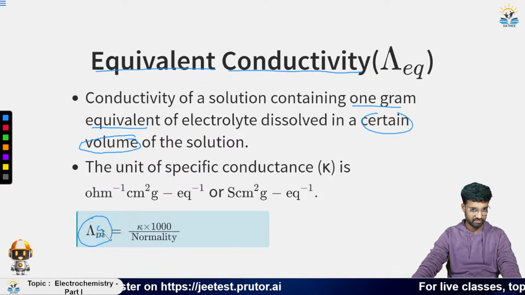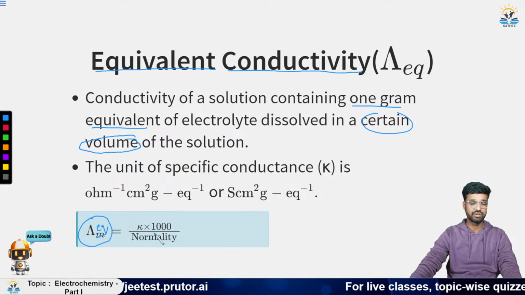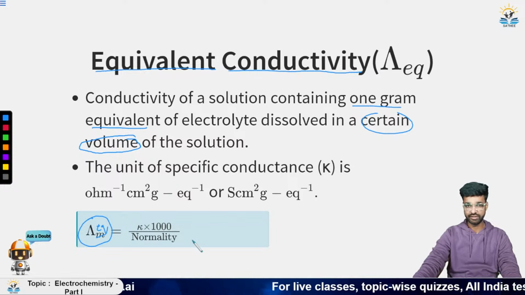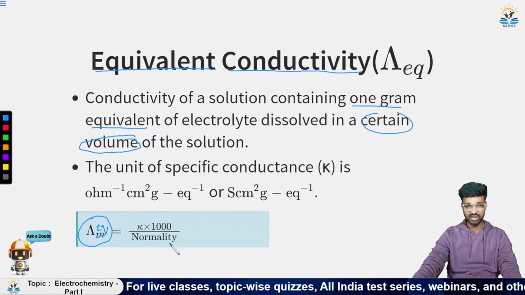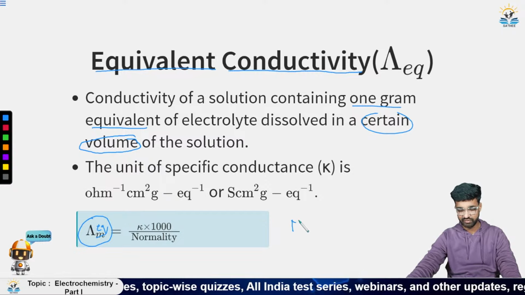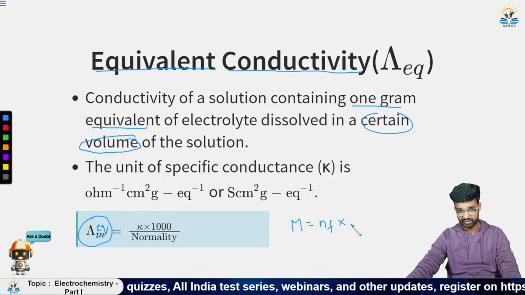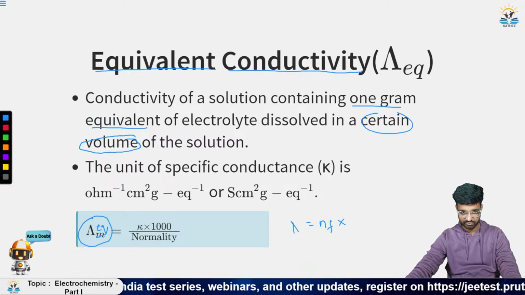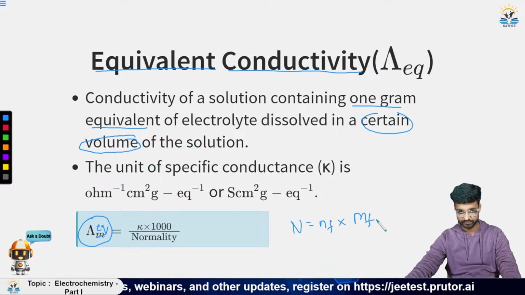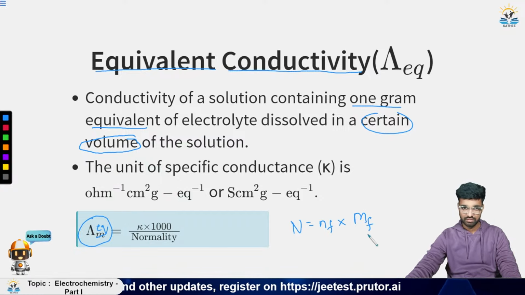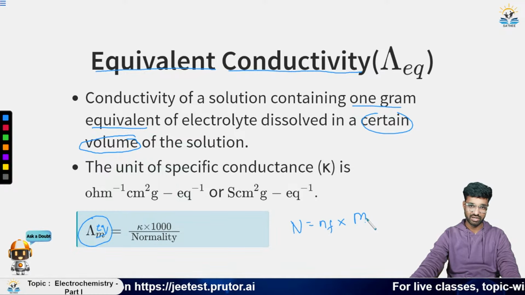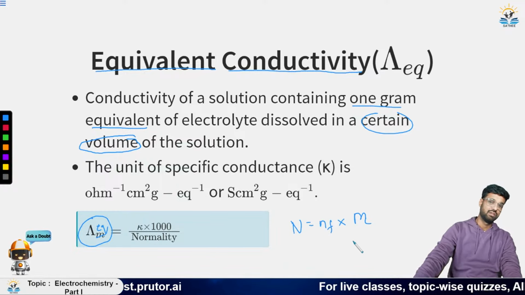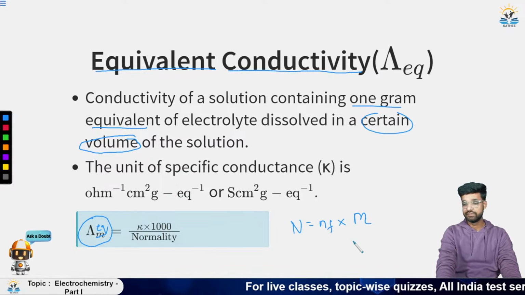Sorry for this mistake. It will be lambda EQ is equal to kappa into 1000 by normality. For gram mole we have molarity, and for gram equivalent we have normality, and the relation between them is normality equals n factor into molarity. The n factor is different for different electrolytes.